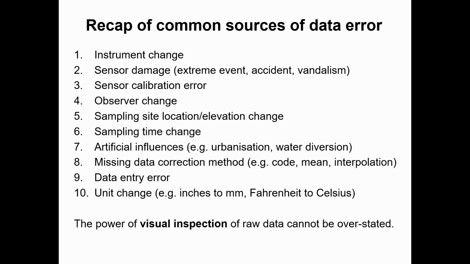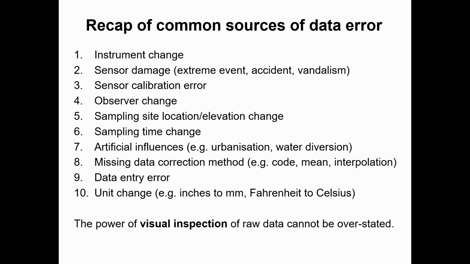So in the lecture this morning, I covered a range of things that can go wrong from the very beginning of the information flow to the end of it. And when we look at data, it is helpful to have that idea of an information flow in your mind. So you can think, okay, where might a problem have arisen in this continuum from the collection of the data to how we're trying to use it today.